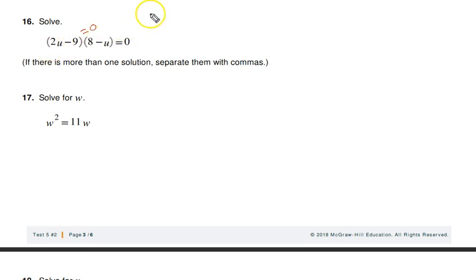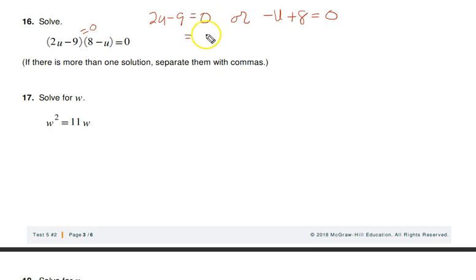So this first one will be 2u minus 9 equals 0, or a negative u plus 8, in a sense, equals 0. And this is a u here. I didn't make that u very well. Looks like a 4. There we go.